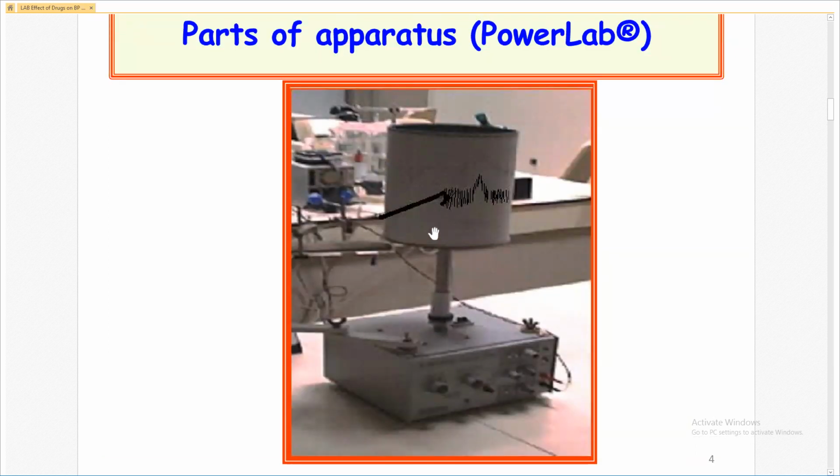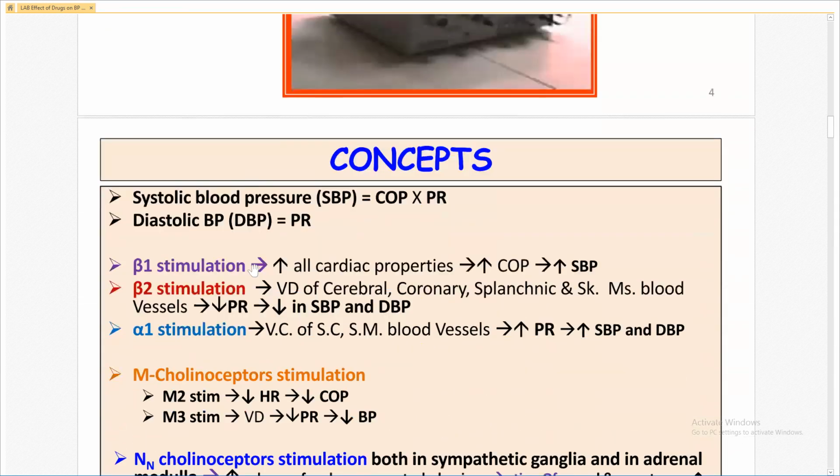This physiograph or power lab records the changes in the heart rate and the blood pressure, here the graph, after addition of the drug to the venous cannula through the jugular vein.